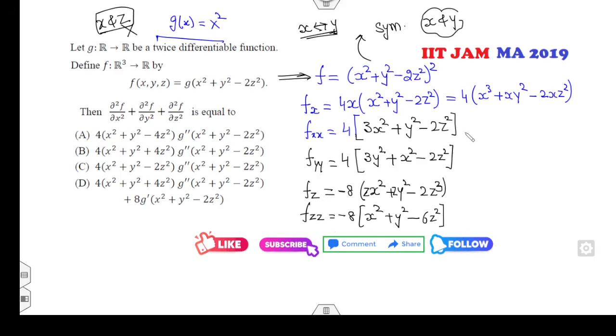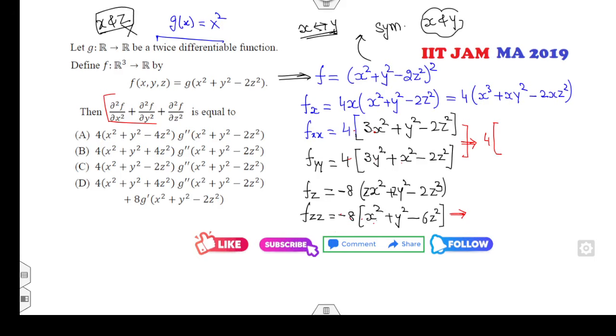Now you can add fxx, fyy and fzz as per the given requirements. So 4 will be common. Fine. I can take 4 as common. So it's a 6, 3x square, 3y square and minus of 2x square. Fine. It's a minus 8x square. Okay, it's 12x square, 4x square minus 8x square.